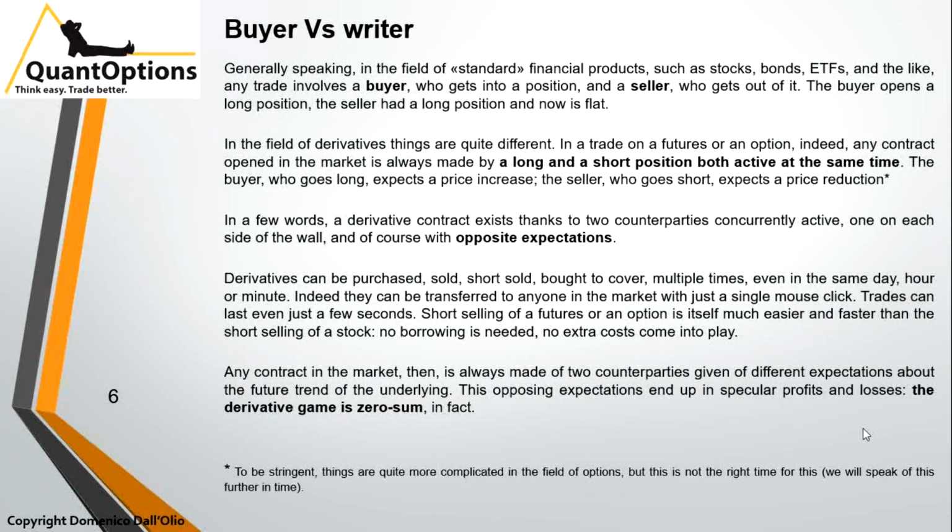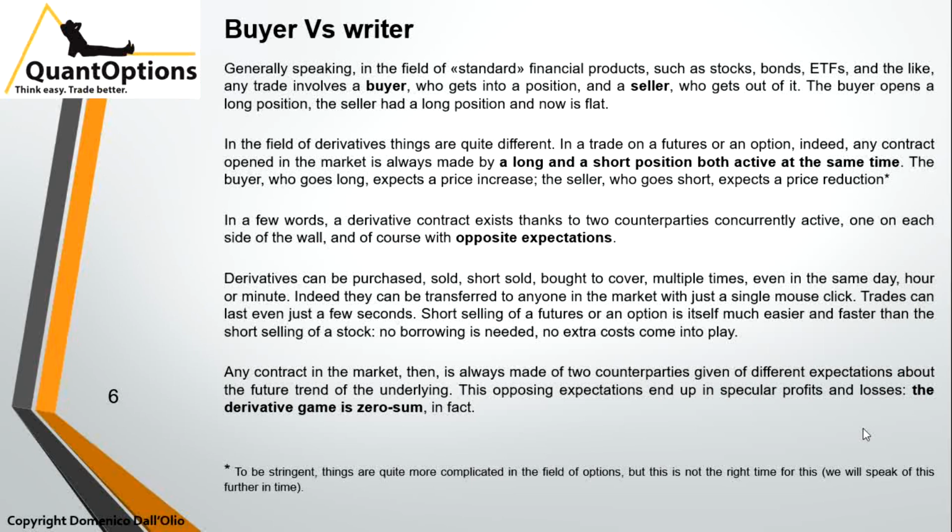Let's speak of the role of the buyer versus the writer. Generally speaking, in the field of standard financial products such as stocks, bonds, ETFs, and the like, any trade involves a buyer who gets into a position and a seller who gets out of it. The buyer opens a long position, the seller had a long position and now is getting out, is flat.